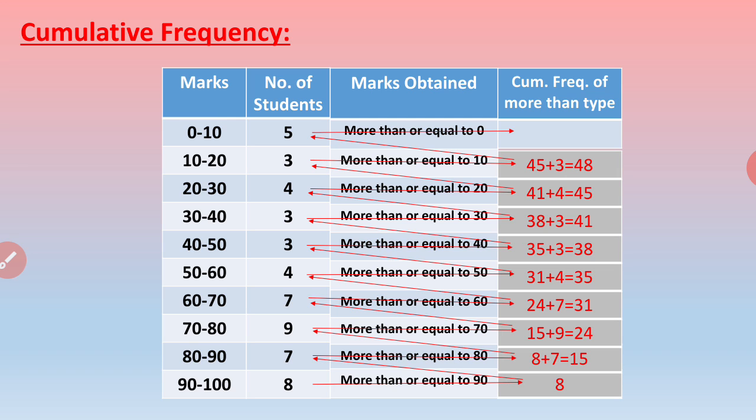Finally 5 is added and you get the answer as 53. The total of frequency remains the same. So this is what is called cumulative frequency of more than type. We'll need all these things for further calculations for finding out median.